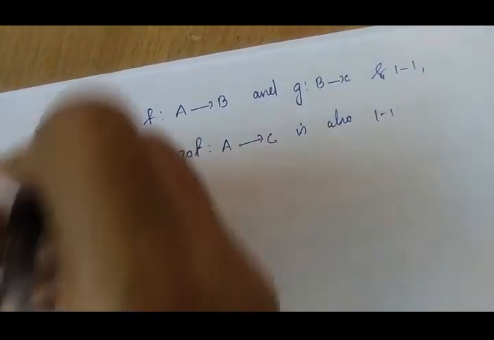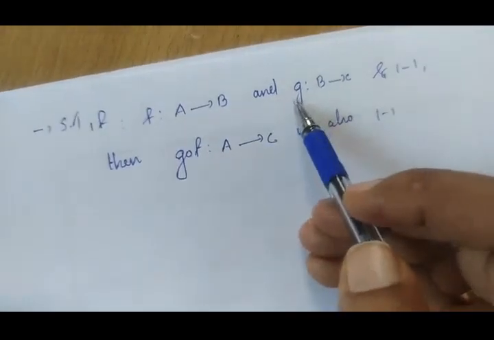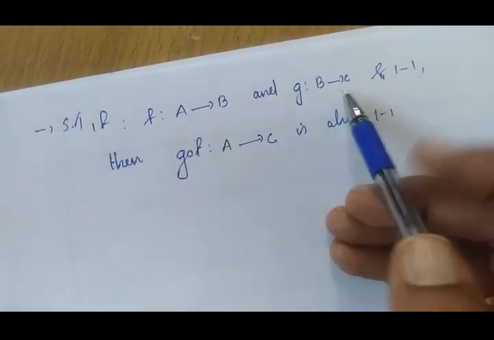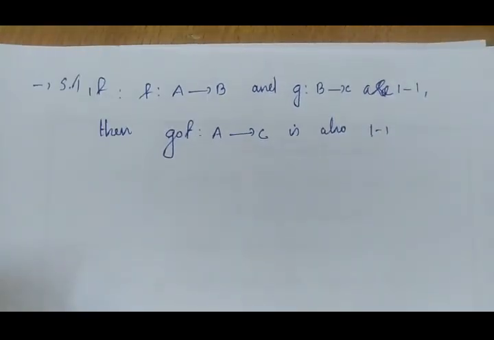Okay, the question is to show that if f is defined from A to B and g from B to C are 1 to 1. What is 1 to 1?